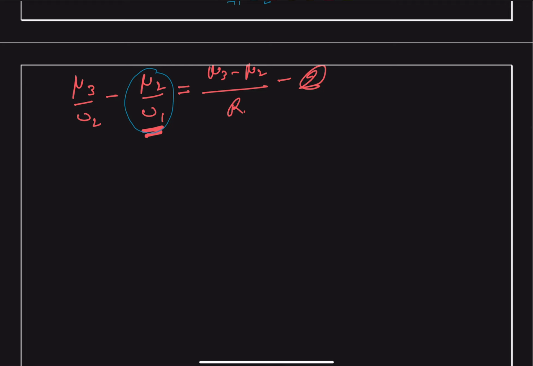So we get mu3 upon V2 will be equal to mu2 upon V1, which is mu2 minus mu1 upon R, plus mu3 minus mu2 upon R, and mu2 cancels out, so this comes as mu3 minus mu1 upon R.